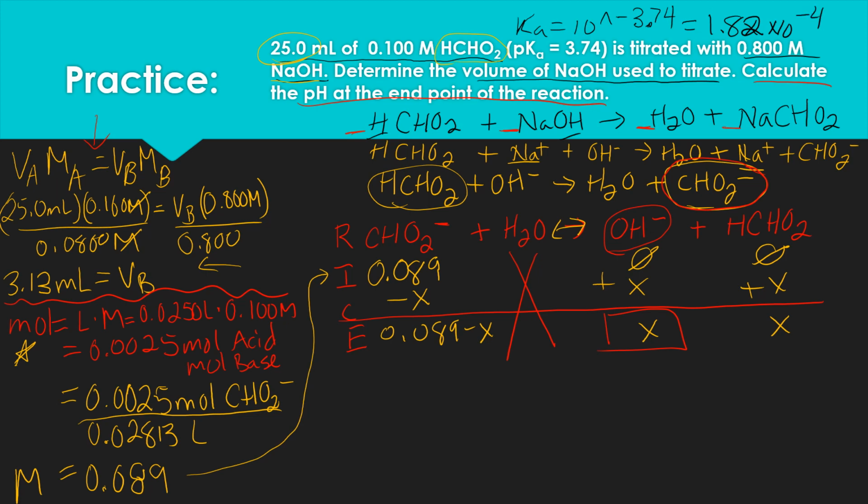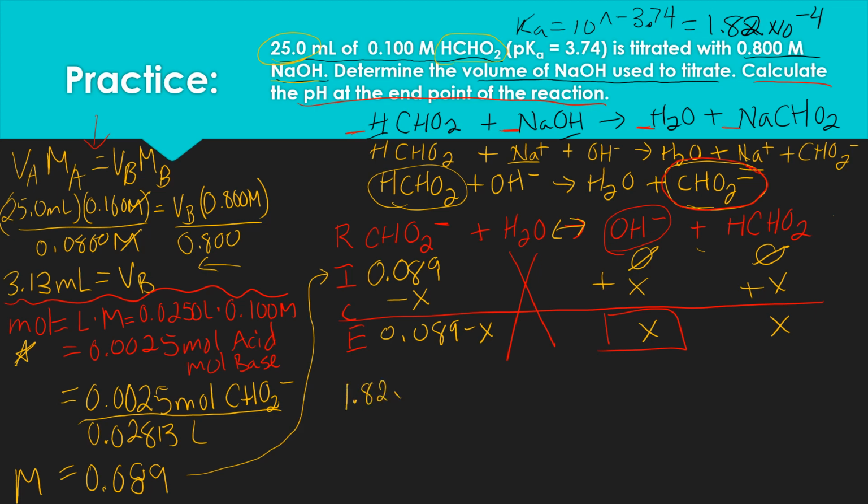That's our Ka value. So then we need a Ka expression. So it'd be products over reactants. We'd have the OH and the HO2 on the top.